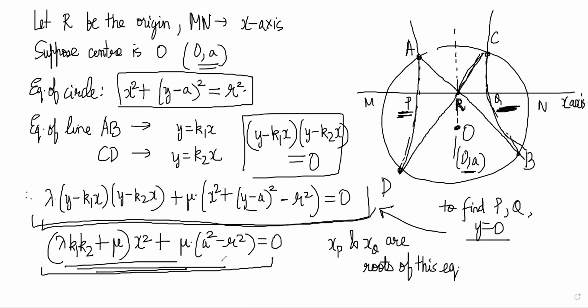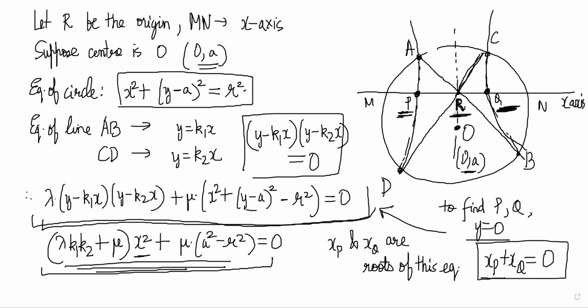And by Vieta's relations, we can see that xP plus xQ is equal to 0, because there is no x term here at all. And what does that tell us?